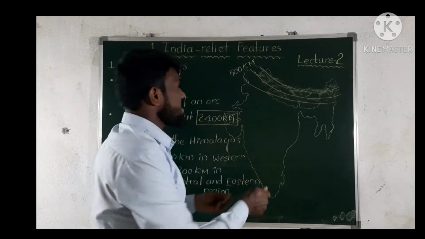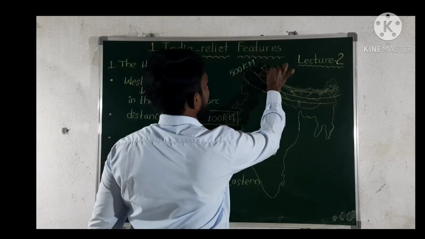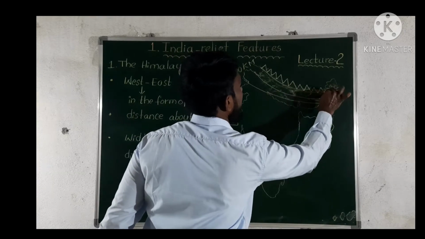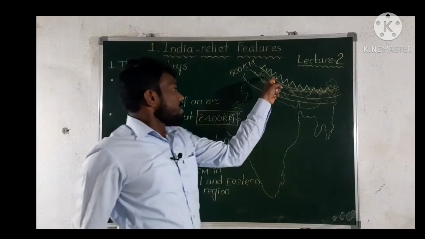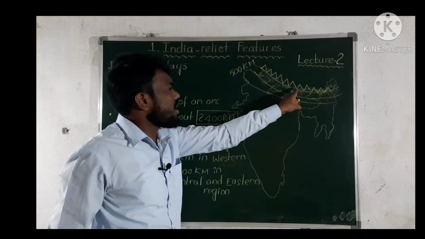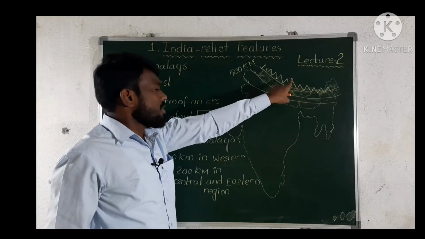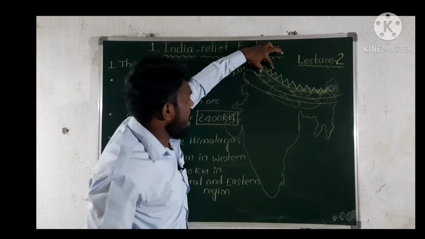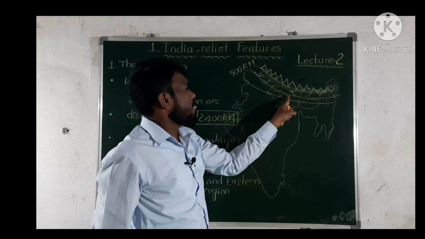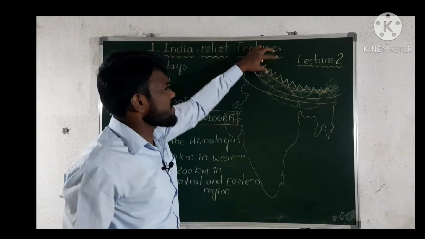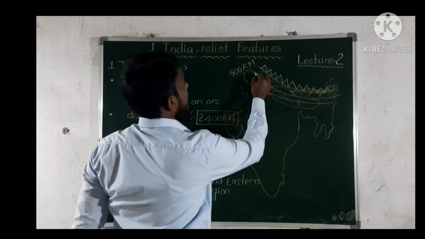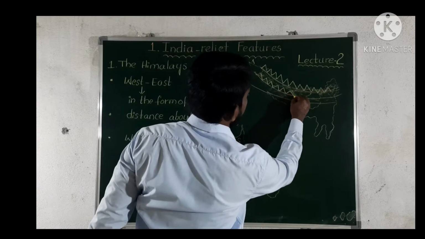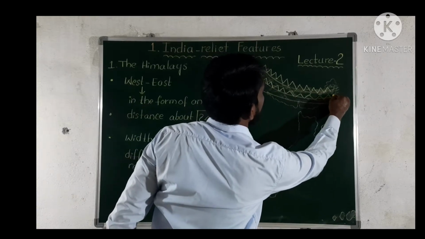The range that lies south of Himadri, the next range in the southern direction from the Greater Himalayas, is called the Lesser Himalayas.